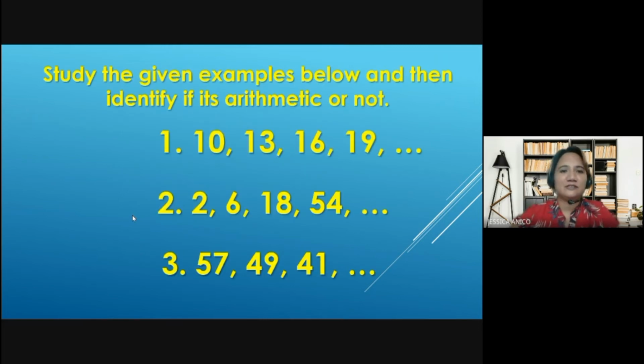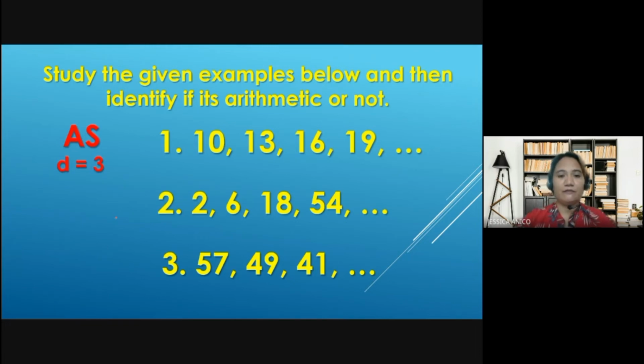Let us first try this given example below. We will identify if it is arithmetic sequence or not. And for number 1, we have 10, 13, 16, 19. Is this an arithmetic sequence? Okay, this is an arithmetic sequence because it has a common difference of 3.